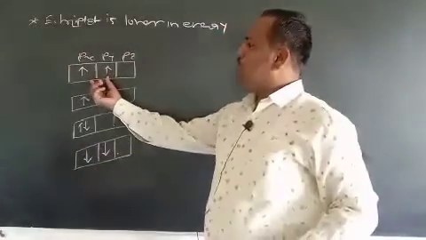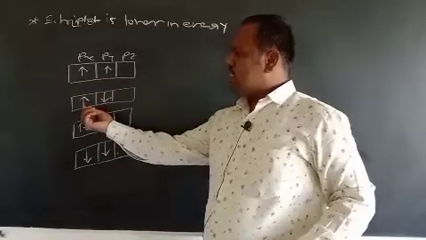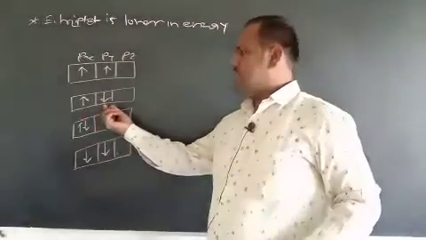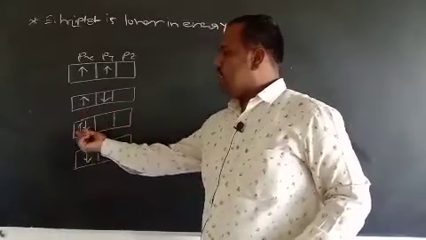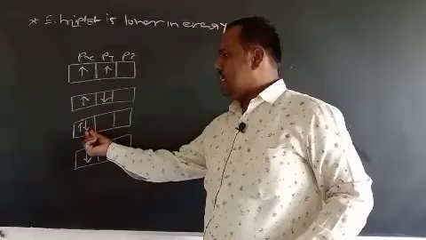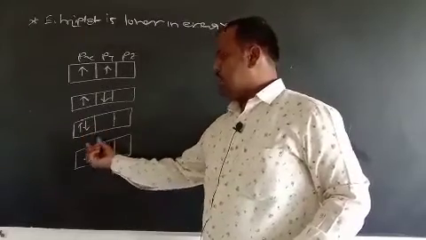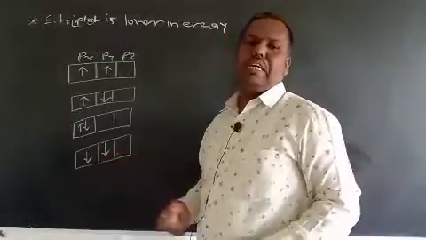So in this case both electrons have plus half spin. In this case one electron is plus half, another is minus half spin. In this case both electrons are present in the px orbital, one having plus half spin, another having minus half spin. In this case both electrons are present in 2 different orbitals and both have minus half spin.